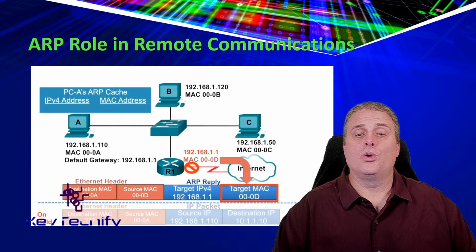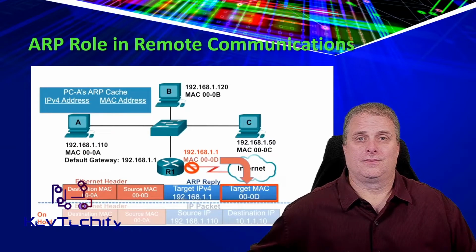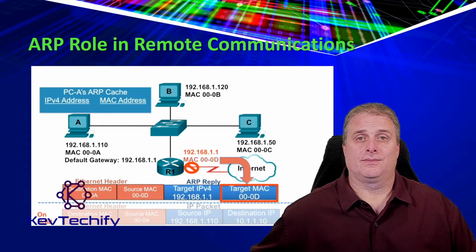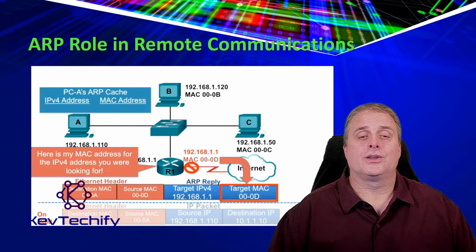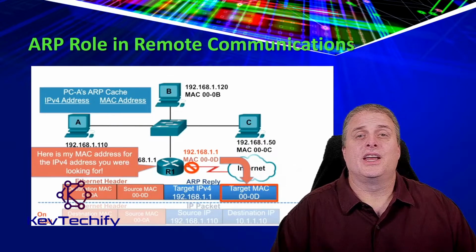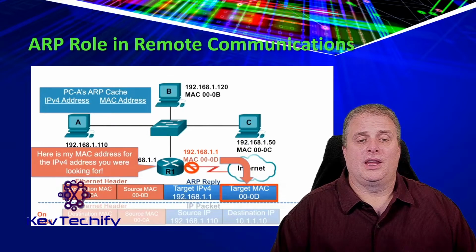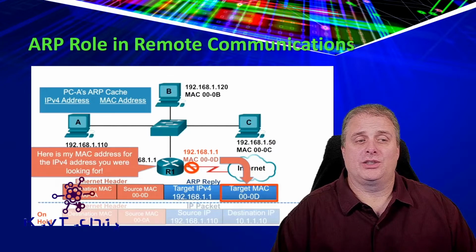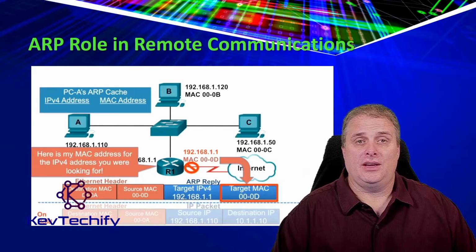It will include its own MAC address, 000D. It'll also include its own IP version 4 address. The destination MAC address for the ARP reply is the unicast address. It'll be for PCA.